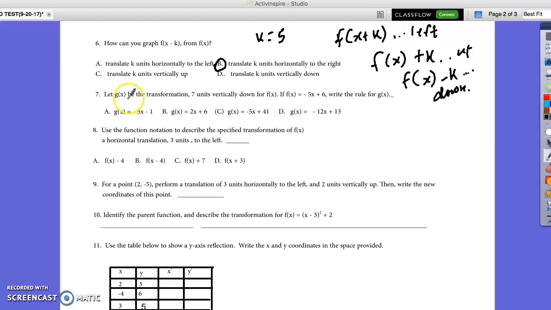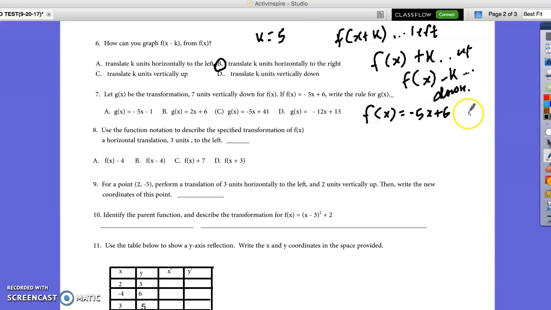Number 7. Let g of x be the transformation 7 units vertically down for f of x. 7 units down. Well, let's see what we have. We have f of x is equal to negative 5x plus 6. 7 units down, should we use parentheses?